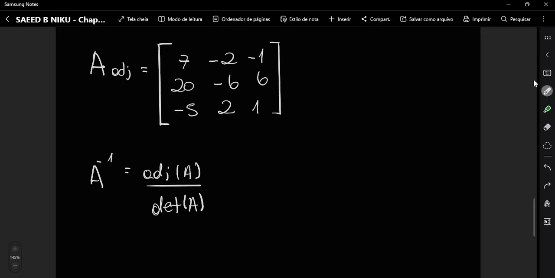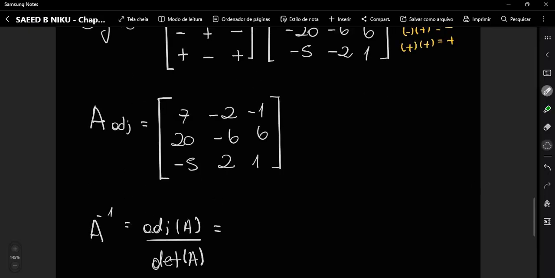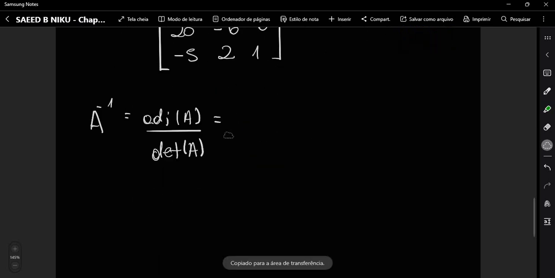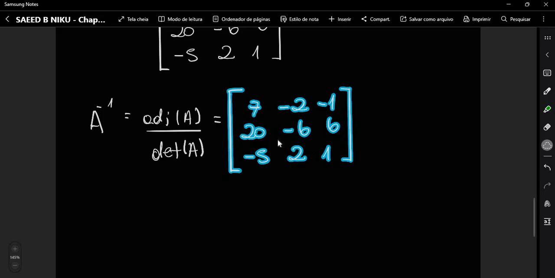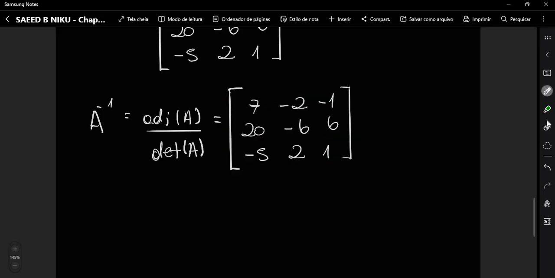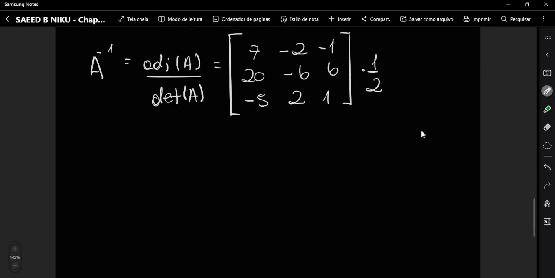So we copy this and divide by the determinant, and we will obtain the inverse.